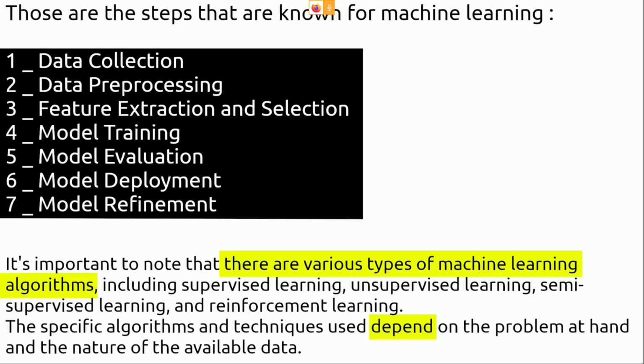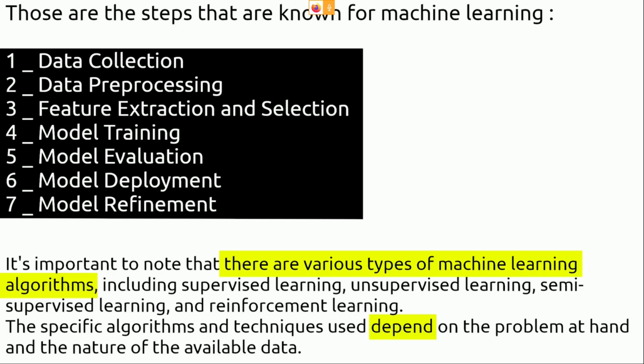So this is how machine learning works, and those are the known steps. There are some steps that you can bypass, but it is recommended to pass through all of them. For example, the model refinement can be bypassed, okay, but it is a step that should be taken into consideration.